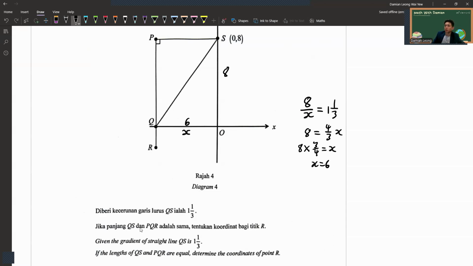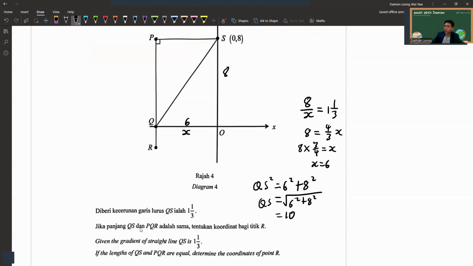Okay. So here is 6, here is 8. QS and PQR are equal, means same distance. So I want to find the distance of QS. So we use Pythagoras theorem. C square equals A square plus B square. C must be the hypotenuse, which is the QS here. So square root of 6 square plus 8 square. Square opposite square root, which is 10. So P to R is 10.